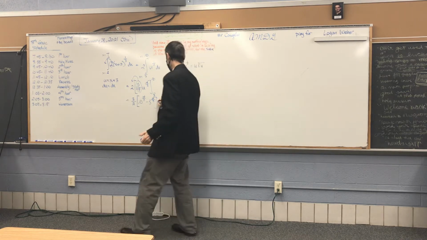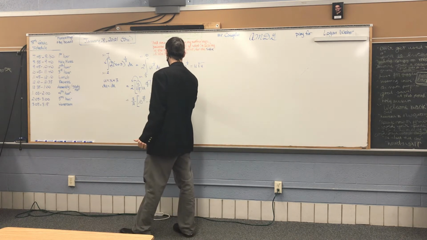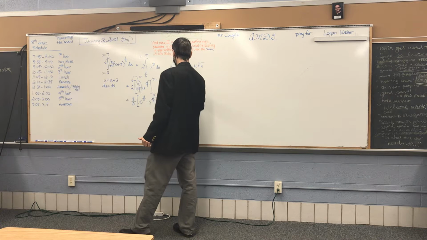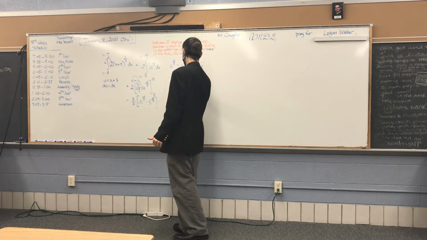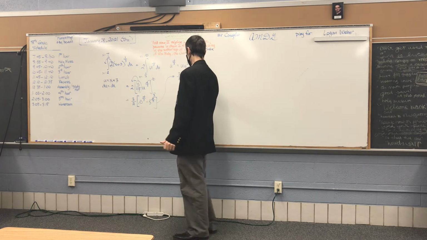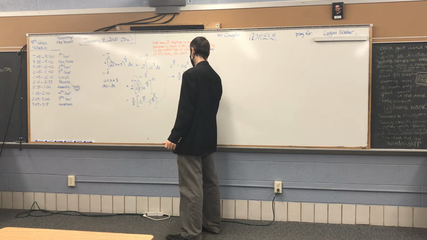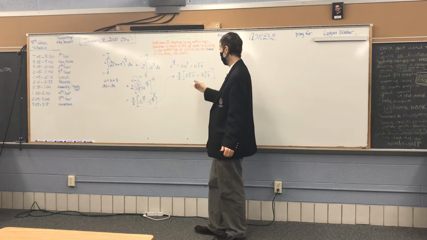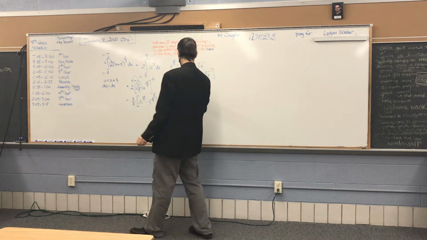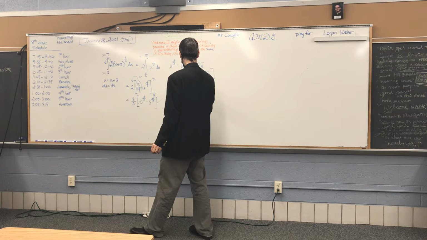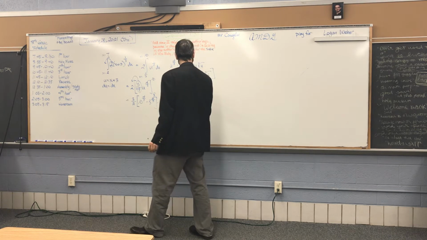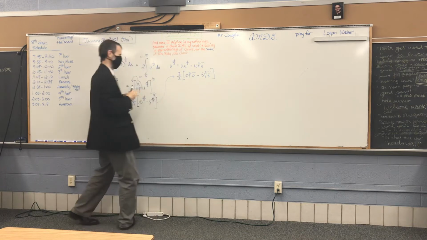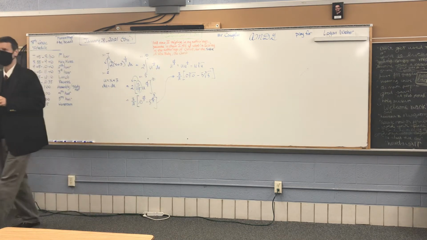So if we actually did that, it would look like this. 3/2 times 10 cube root of 10 minus 5 cube root of 5. And then we can distribute that in if you want. Actually that'd be kind of iffy. I wouldn't distribute that in, frankly. But that's an alternate way of writing the same thing.